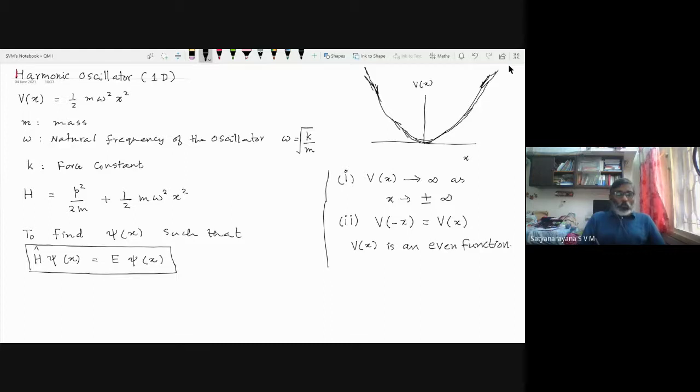Now it is the time that we choose. At least I will try to do this problem in two different ways. The first is what I call the coordinate basis way. Sometimes this is called the analytical method.